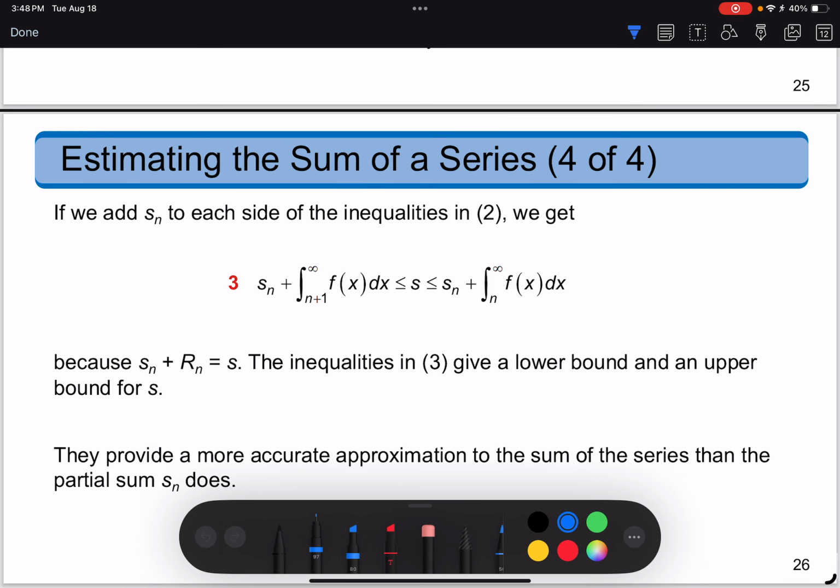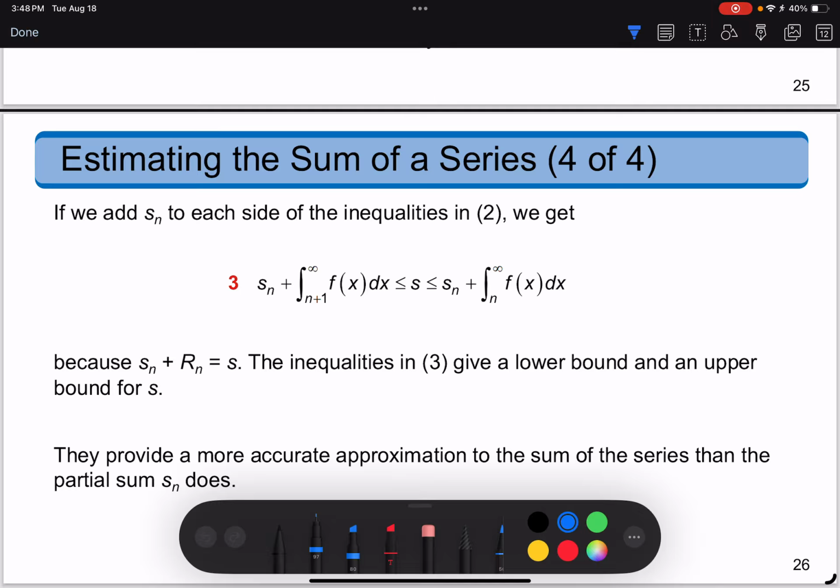So if we add s sub n to each side of the inequality, we get s sub n plus the integral of f of x dx from n plus 1 to infinity is less than or equal to s, which is less than or equal to s sub n plus the integral of f of x dx from n to infinity.